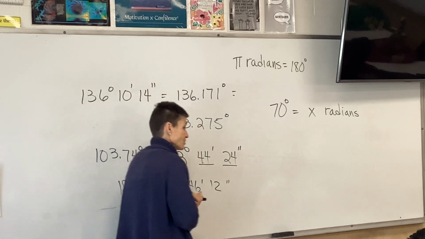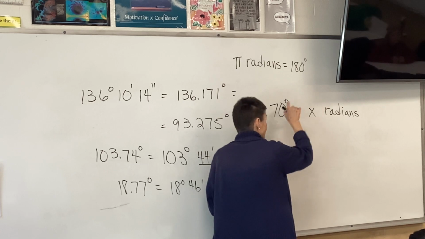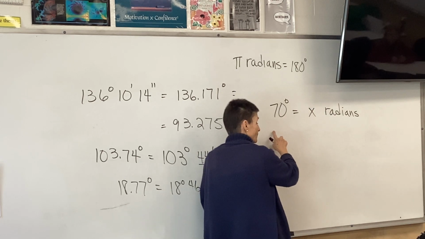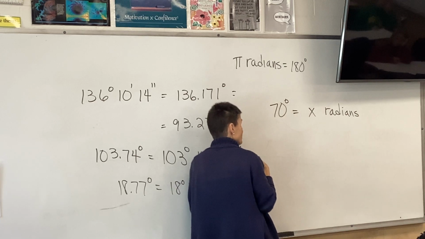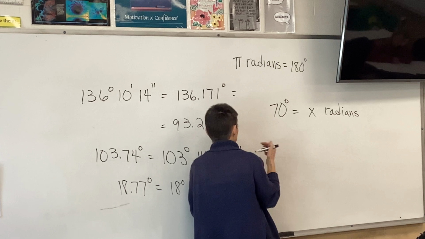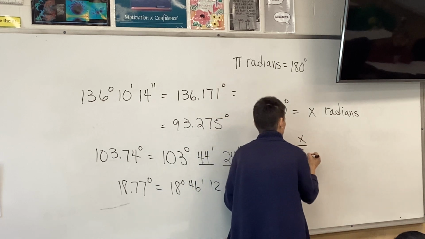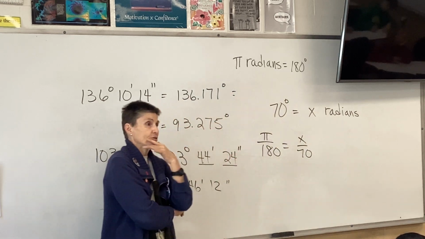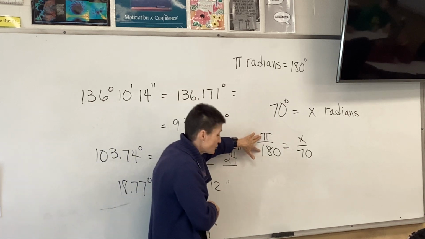So the question is, okay, pi radians is 180. How many radians is 70? There are different ways to do that, kids, but one very obvious way is to set up a proportion. Look at that proportion for a minute and see if that makes sense to you. Aren't these two equal?